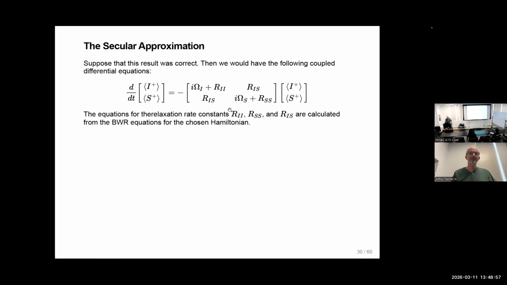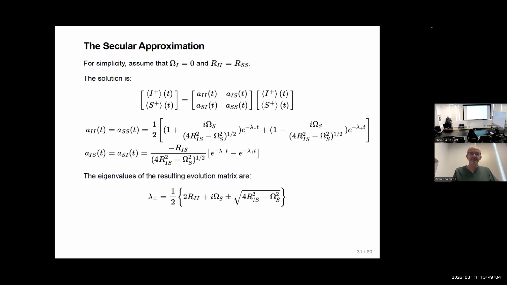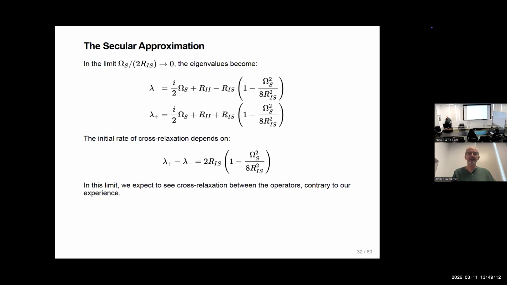So we can solve this differential equation and see what it predicts. So here's the solution. It's a 2 by 2 matrix. I can write down an analytic result.